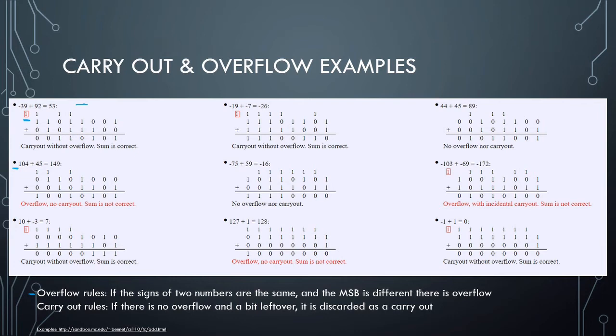And we know that because we haven't run out of room, right? We don't have anything over here. We're still within our 8-bit limit. But the red flag here is that our most significant bit should be a 0 because we're adding 2 positive numbers, but it's not, it's a 1. And this indicates that we've run out of room.